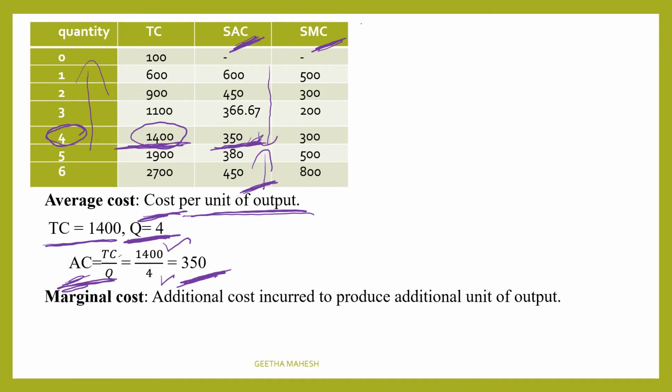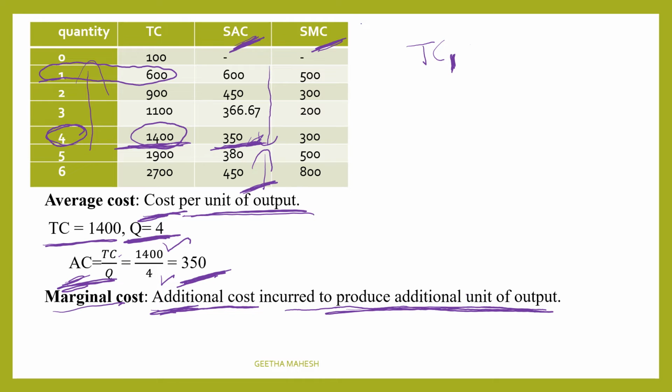Dear students, you can see marginal cost. What is marginal cost? It means the additional cost incurred to produce an additional unit of output. I repeat once again, the extra cost incurred to produce an extra unit of output. How will you find this out? Suppose you have produced 1 unit of output. The total cost incurred to produce 1 unit is 600.